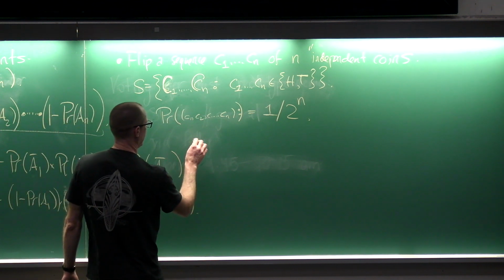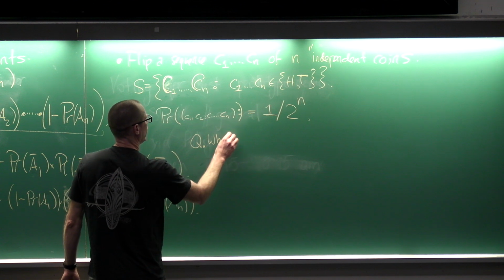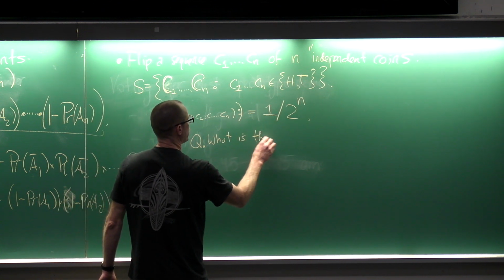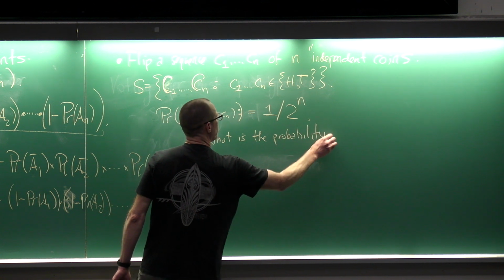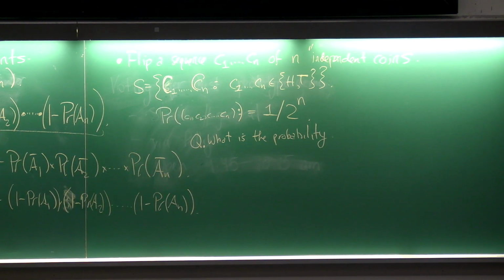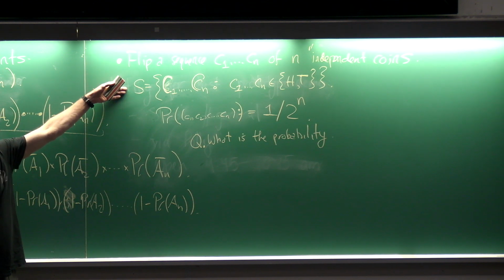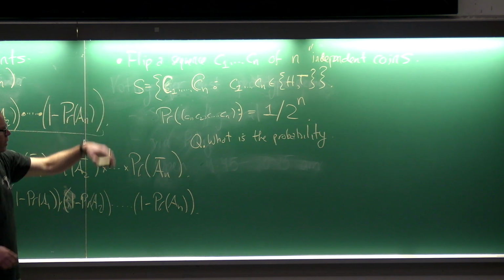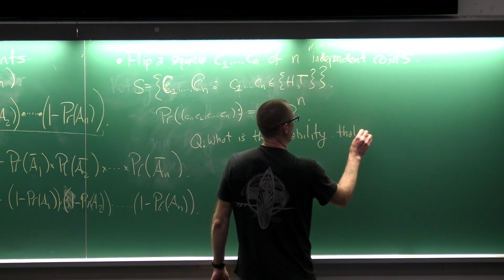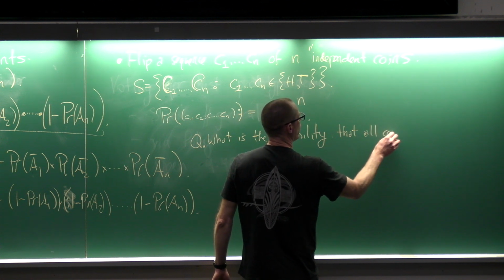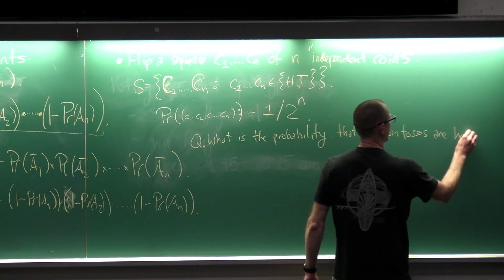Now, here's a question. As word problems, these will be stated like: I toss a coin n times. That really means there's this sequence of n independent flips. What is the probability that all coin tosses are heads?